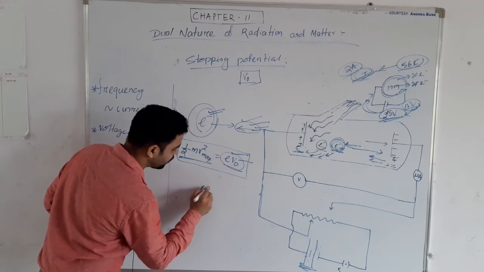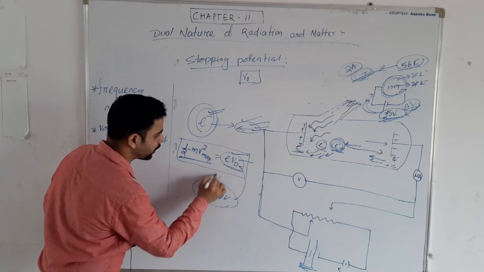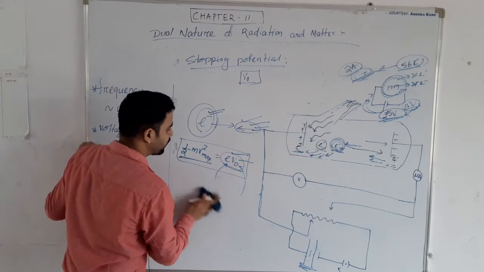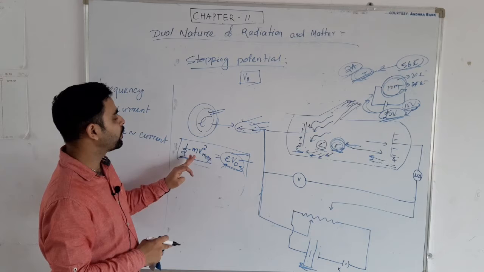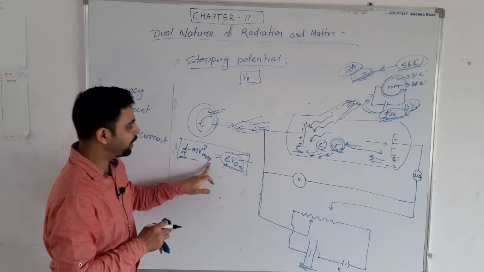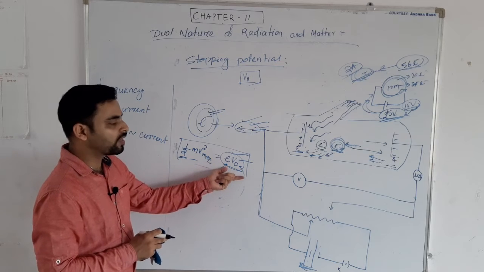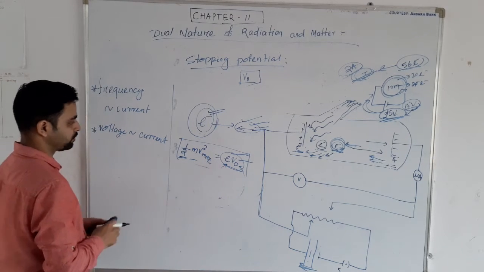We know the work done W equals QV, here V equals V naught and Q equals e, the charge of the electron. So here we observe a very important equation: the maximum kinetic energy equals the stopping potential energy, e V naught.